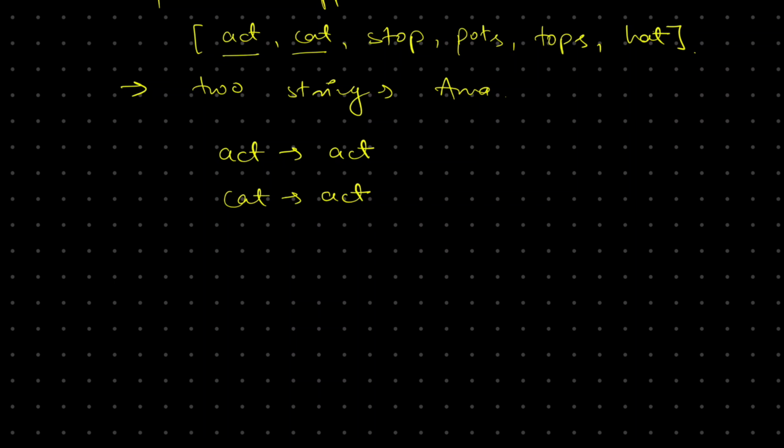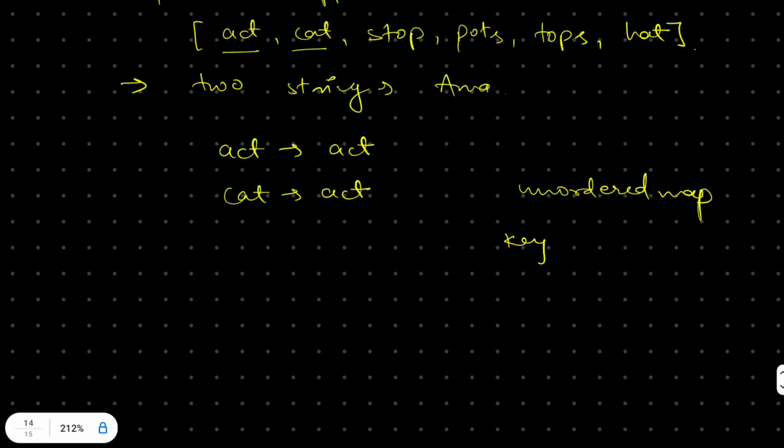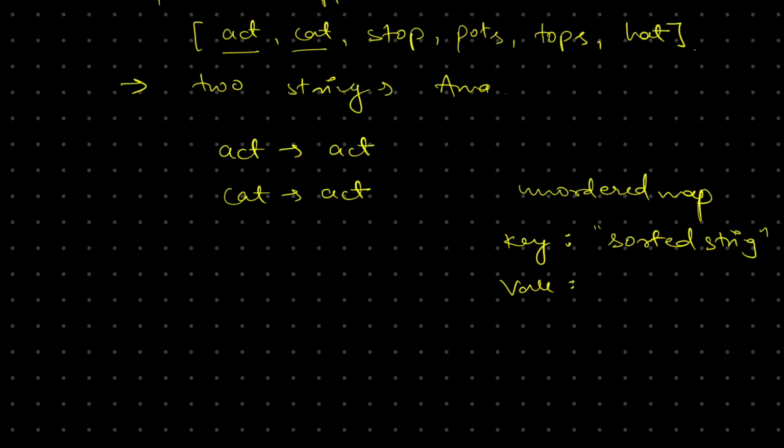Now for this, we will use a map in which we will use key and value pairs. In the key, we will use the sorted string, and in the value, what we're going to store is the original strings, that is act and cat.